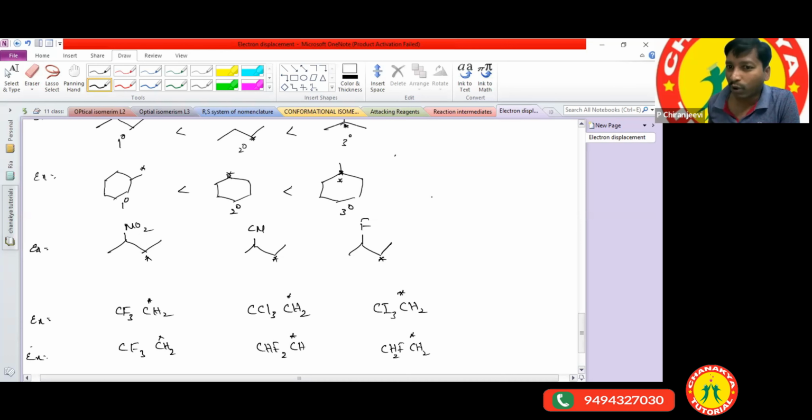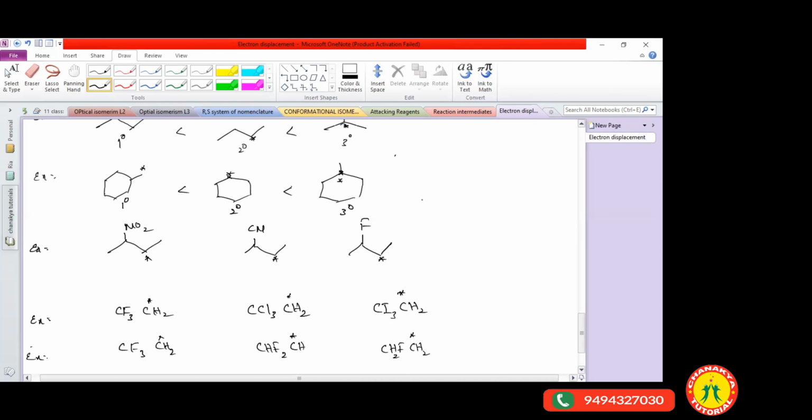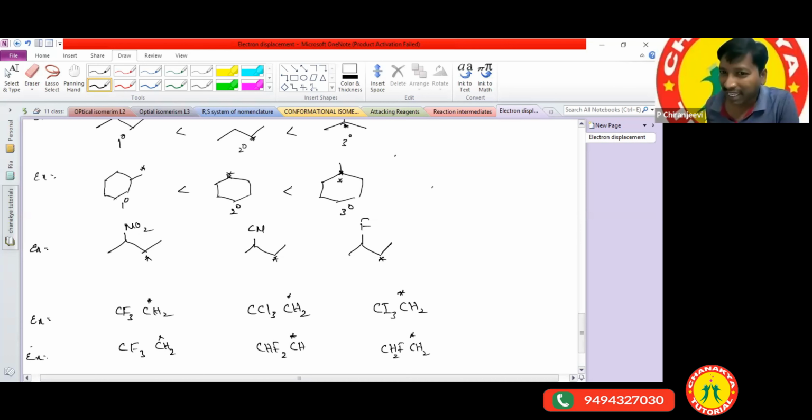So what are the electron withdrawing groups? The second one is more stable than the first one and the third one. Aditi, somewhat of a link is missing. If you see the strength of the electron withdrawing groups, the nitro group is the strongest electron withdrawing group. After that, cyanide. Cyanide is a stronger electron withdrawing group than fluorine. So this is the strength.